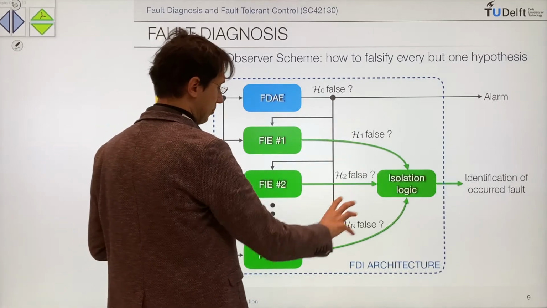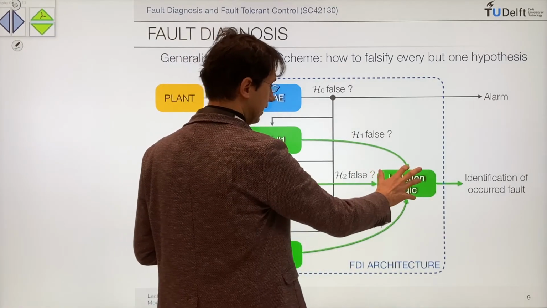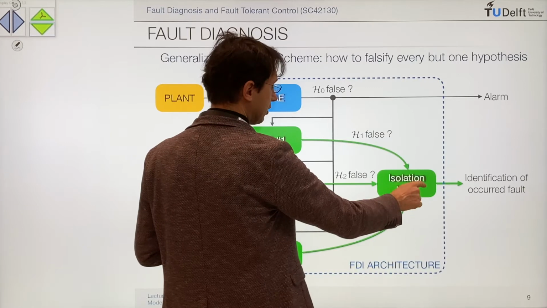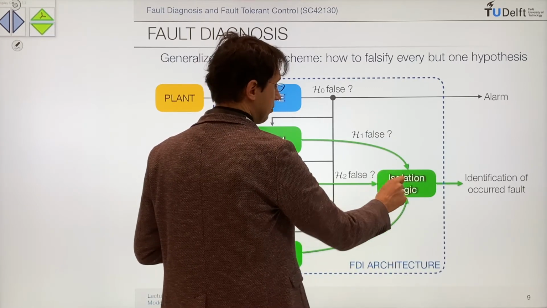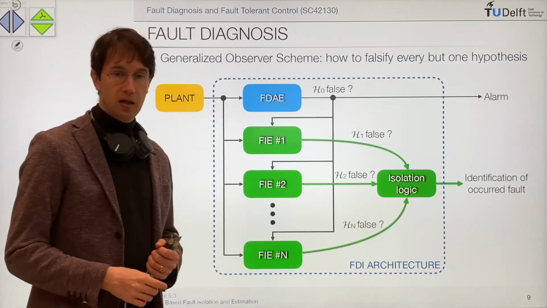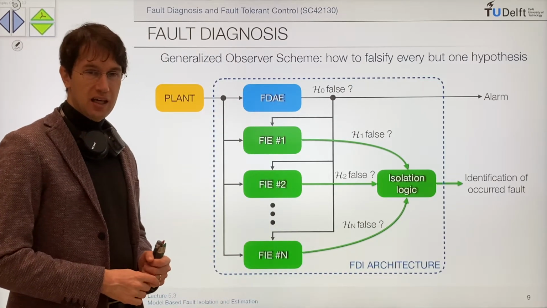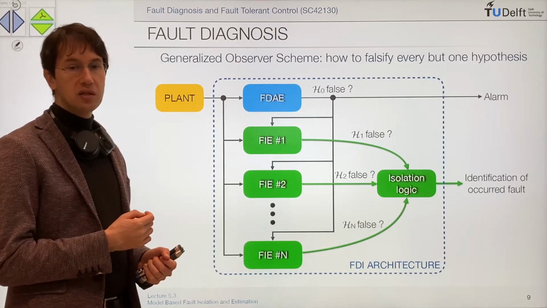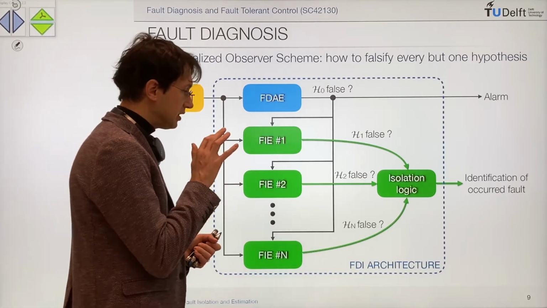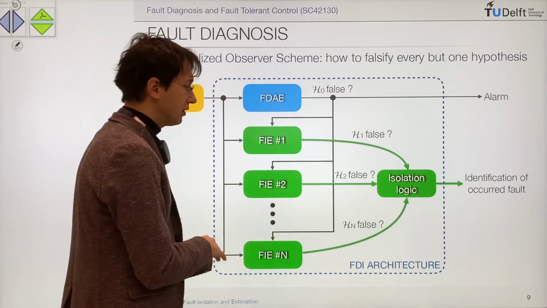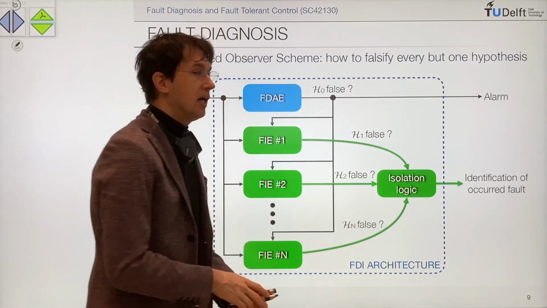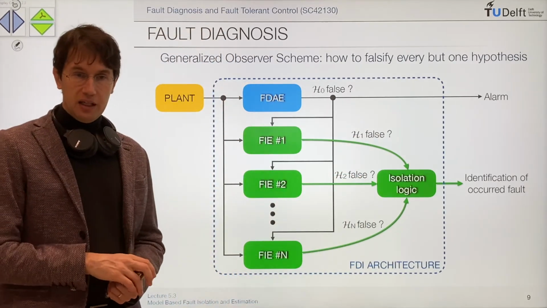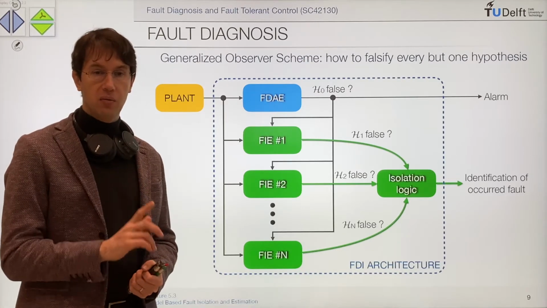All these hypotheses are taken together in a block that is implementing the isolation logic. And the isolation logic is looking at the condition where every one of these hypotheses has been falsified but one.